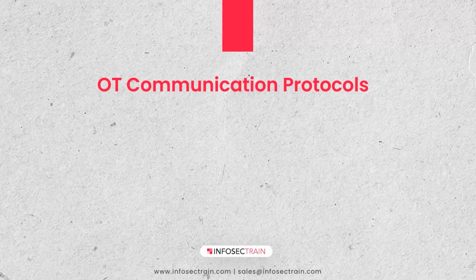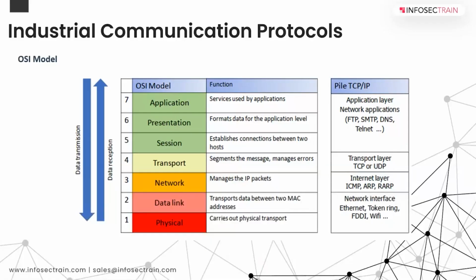Right. So let us go into the next topic: OT communication protocols. So we all know about the OSI model, right? The OSI model, Open Systems Interconnection, has 7 layers. This again plays a very important part in the industrial communication protocols that we are going to see.